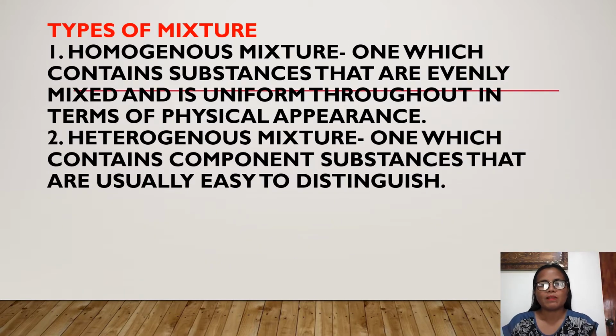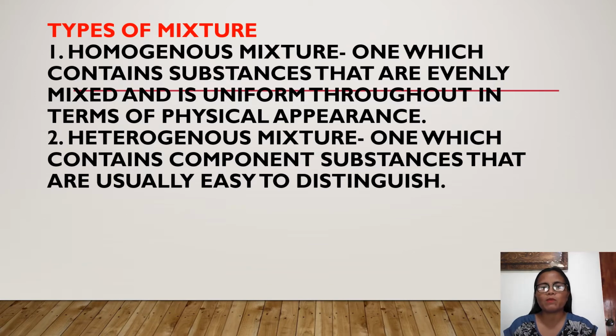So, the types of mixture, aside from heterogeneous, number one is homogeneous mixture, one which contains substances that are evenly mixed and is uniform throughout in terms of physical appearance. Just what I said earlier, a heterogeneous mixture is one which contains component substances that are usually easy to distinguish.